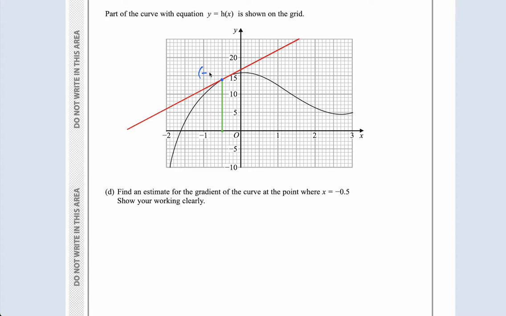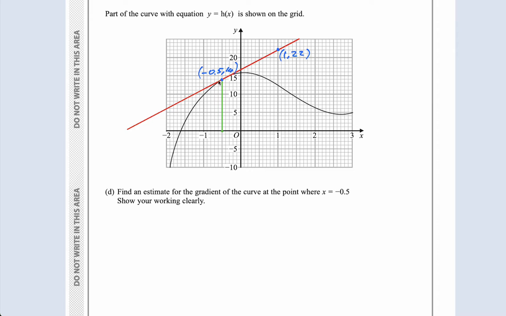So this is minus 0.5, 14. And the second point, I can choose any point that I have. Why not just go with 1, guys? So this is 1, 122. This point is 1, 122.